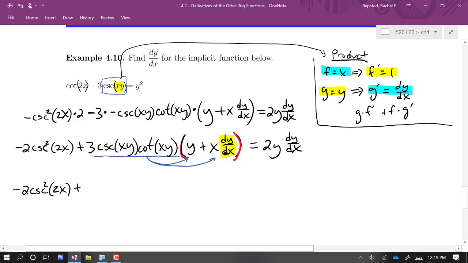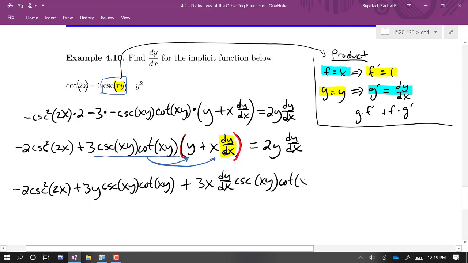So when I distribute it to the y, we'll have a 3y cosecant xy cotan xy plus, distributing it to x dy/dx, we have 3x dy/dx cosecant xy cotan xy equals 2y dy/dx.